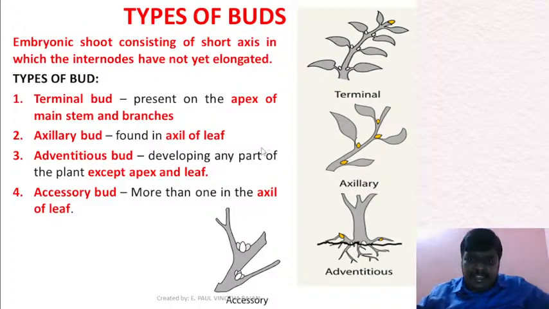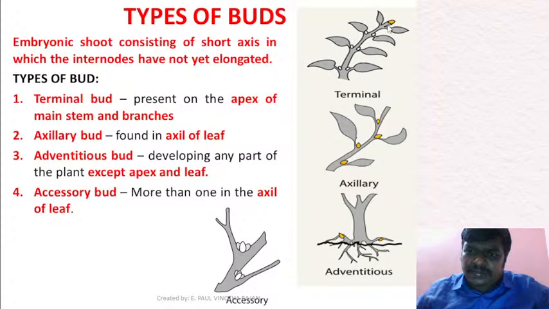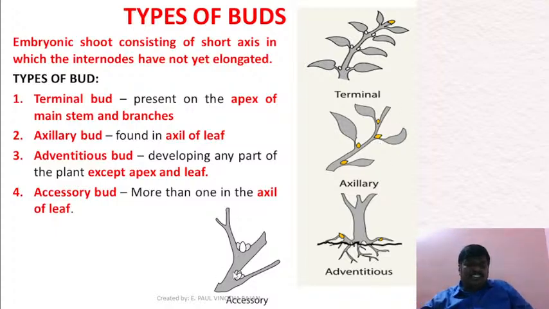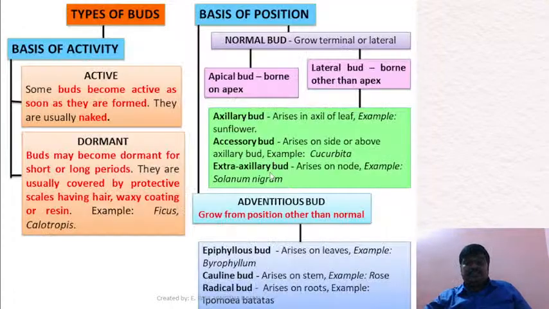So you can see the diagram here. This is the terminal bud. This is the axillary bud, the region where the leaf arises. And accessory bud means the bud that grows in the axillary region, but on the sides. Extra axillary buds arise on the node.